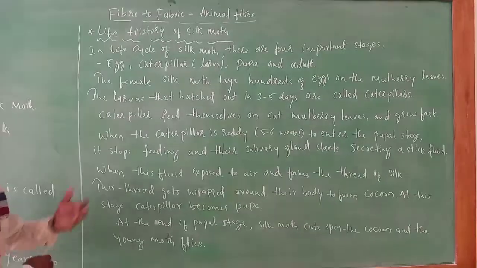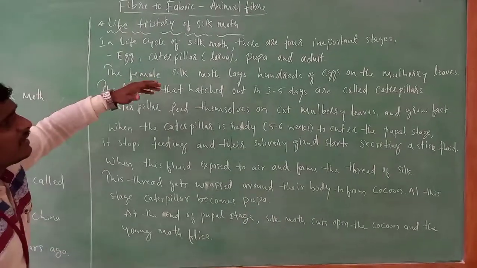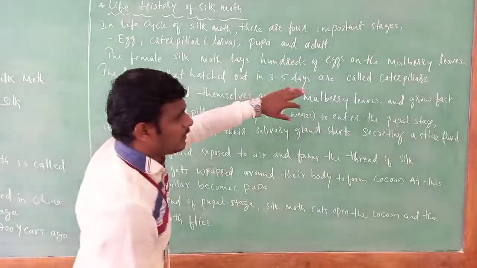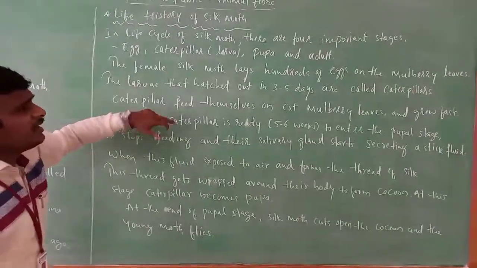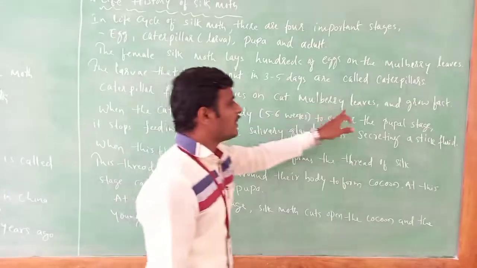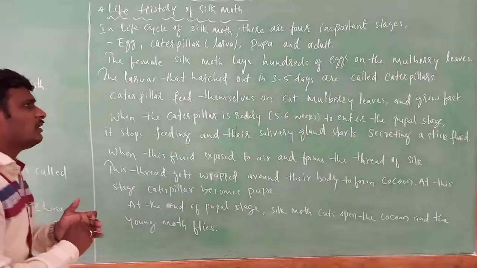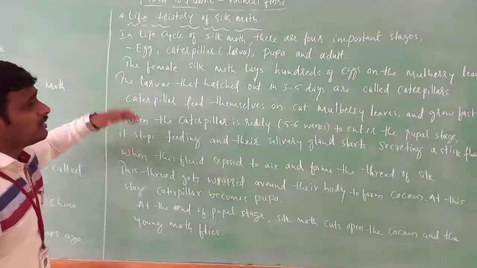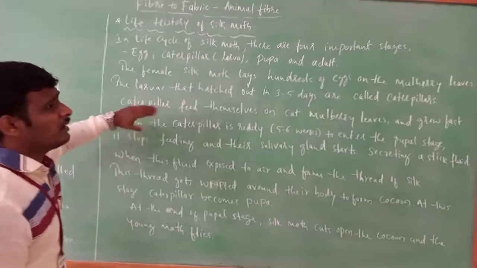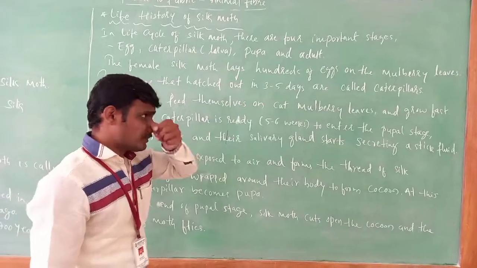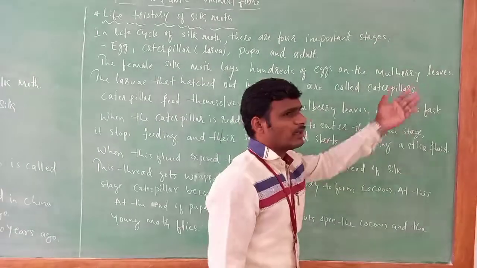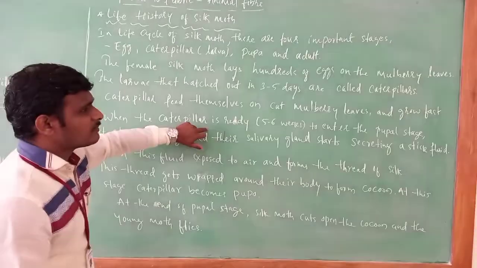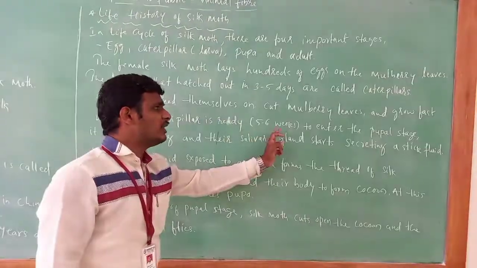After 3 to 5 days, the eggs hatch on the leaves and become caterpillars. The caterpillars feed on the cut mulberry leaves and grow fast. Their development is fast. The caterpillar is ready in 5 to 6 weeks.